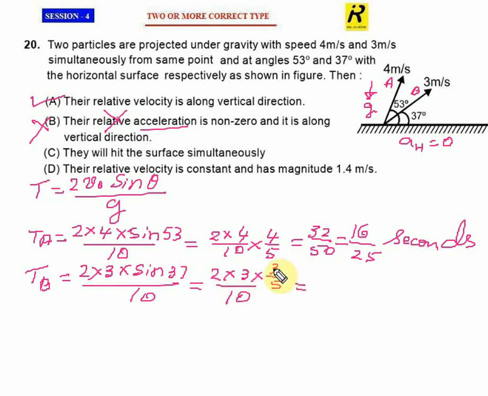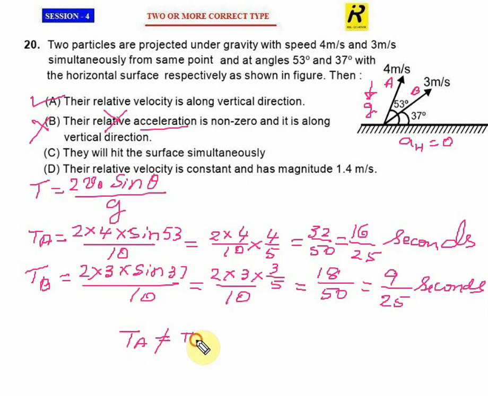This is 18 divided by 50, which is 9 divided by 25 seconds. Since TA is not equal to TB, the claim that they will hit the surface simultaneously is wrong. They never hit the surface simultaneously. So option C went wrong.